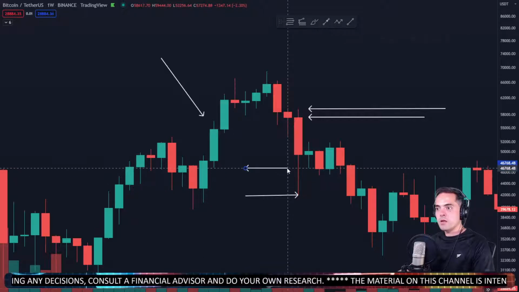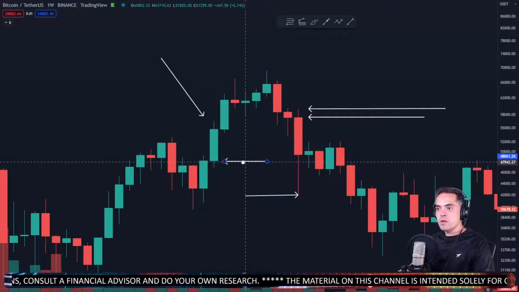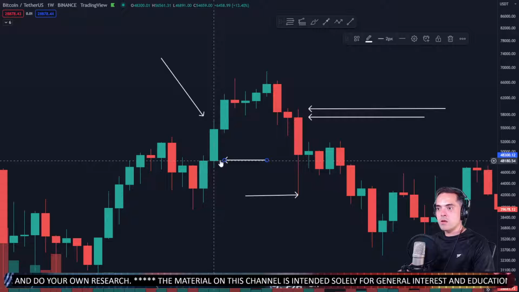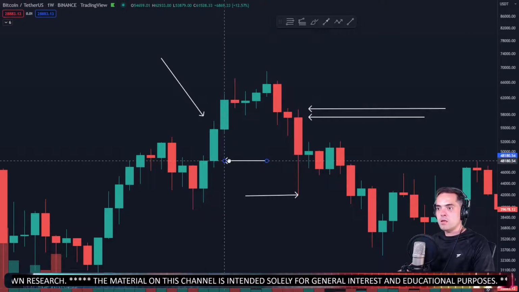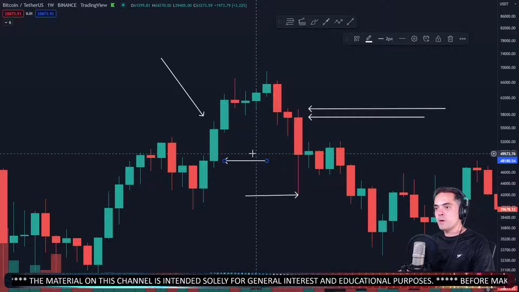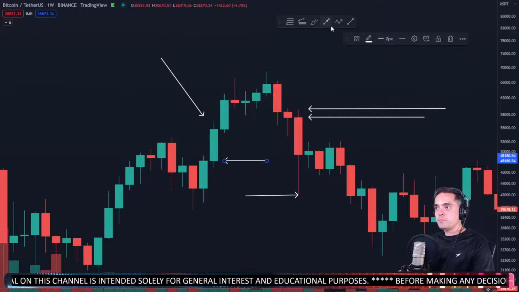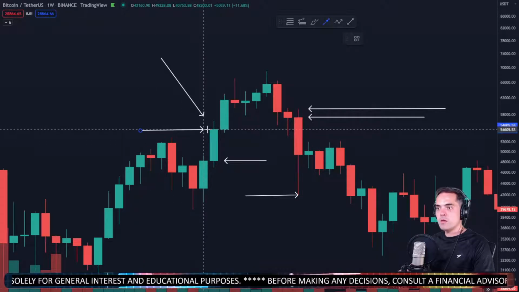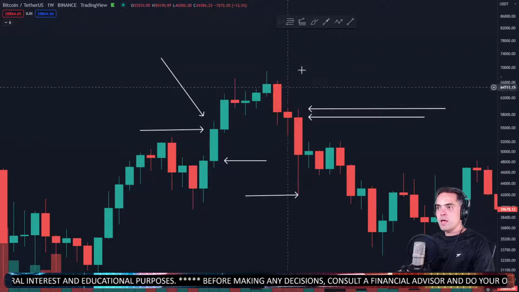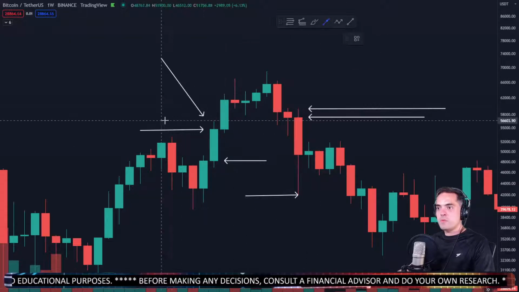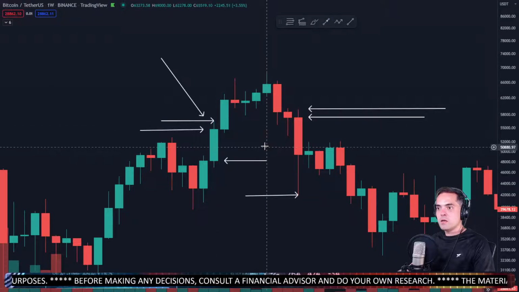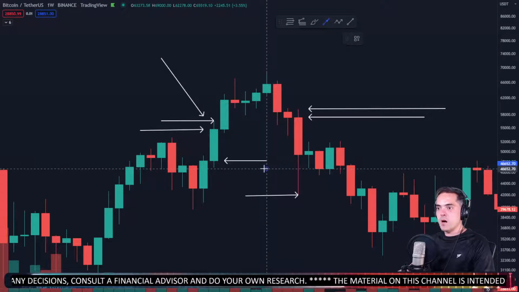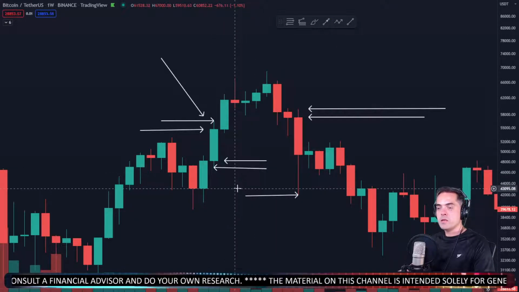For the green candle, the open level is right here, at the bottom of the full body. And the close of that candle is right here. And we have the maximum price right at the top of that wick, and at the bottom of the lower wick we have the minimum price.